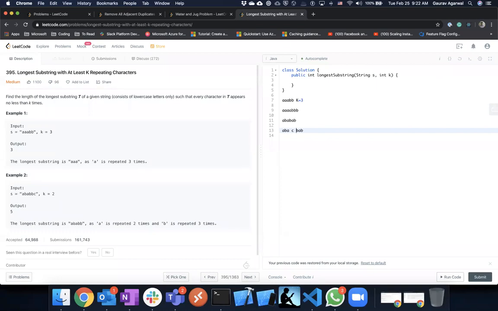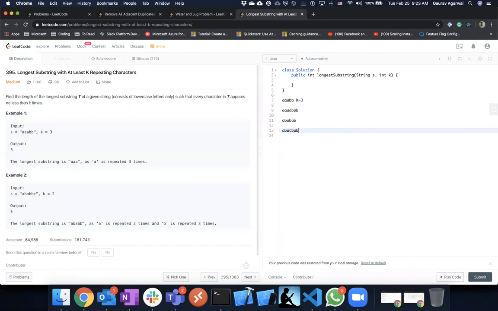So here, can we include C in the solution? No. We cannot include the C, so the answer will be 0. The question clearly says it should be a substring, not a subsequence. So the answer here is 0.